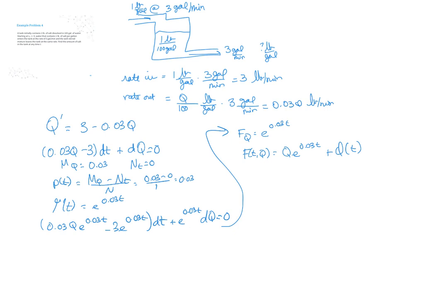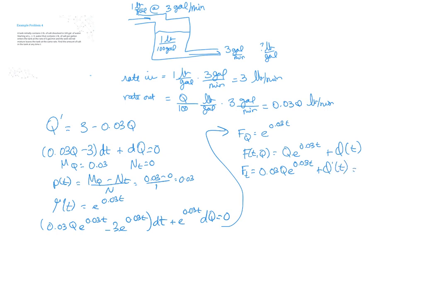So now that we've integrated with respect to q, we need to take the partial derivative with respect to t. And we end up with 0.03 q e to the 0.03t plus phi prime of t.